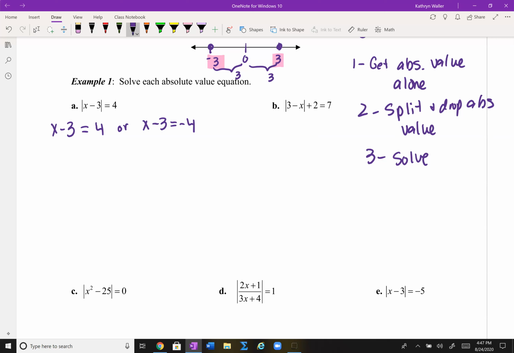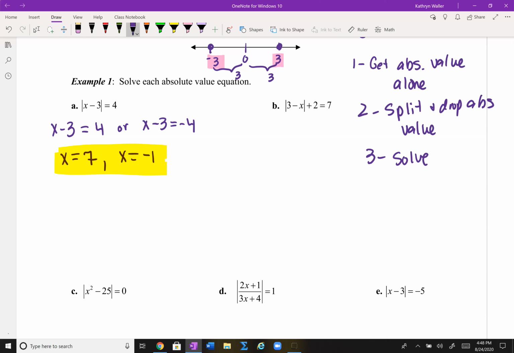Notice I don't have any more absolute values, right? And then you just solve it. So the 3 comes over and becomes a positive, and you get a 7. And this one right here, the 3 comes over and becomes a positive, and you get a negative 1. So I asked you to get a yellow highlighter, and what I want you to do is to highlight your answers when you're done, okay?